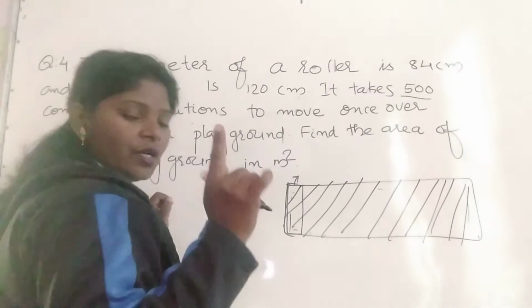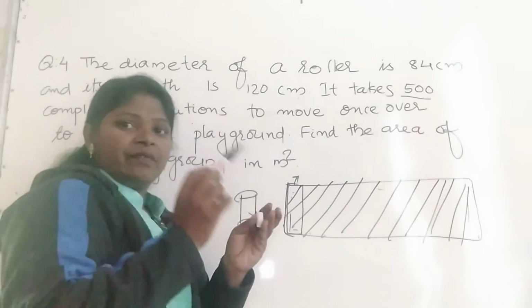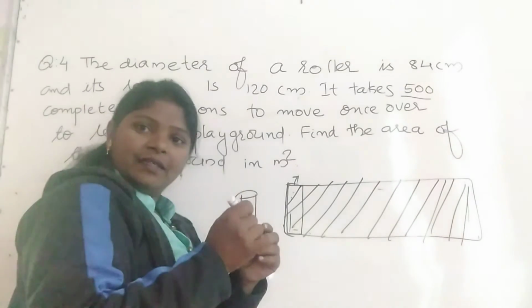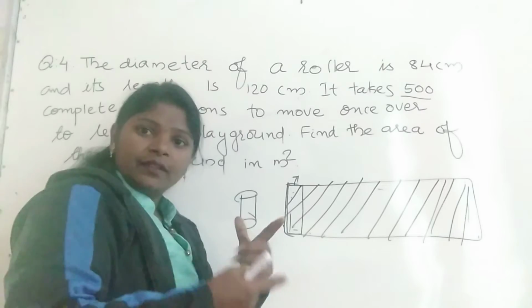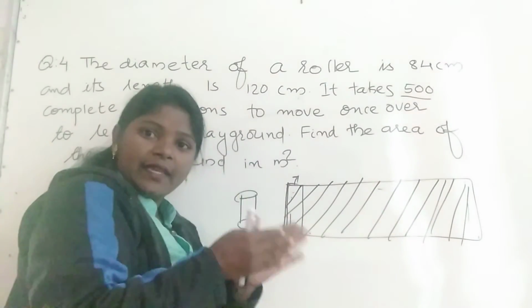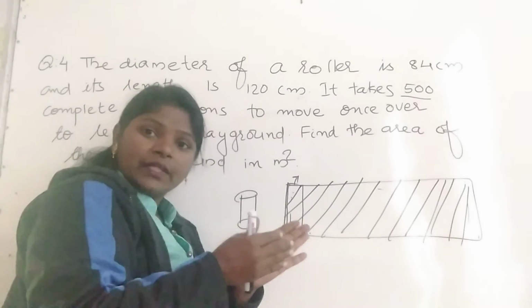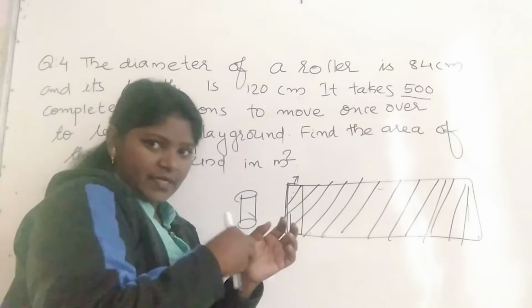Did you understand all? To find the total area of the playground, we have the hint that if the roller takes 500 revolutions, the whole area will be covered. We don't know the area covered in one revolution. That is the unit area that we are considering here.